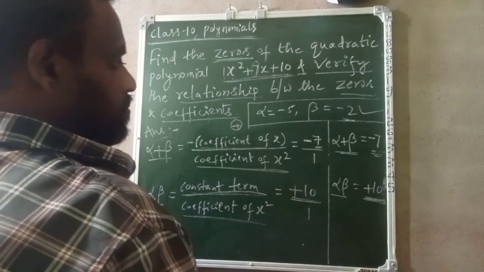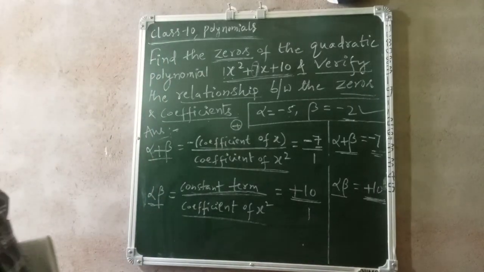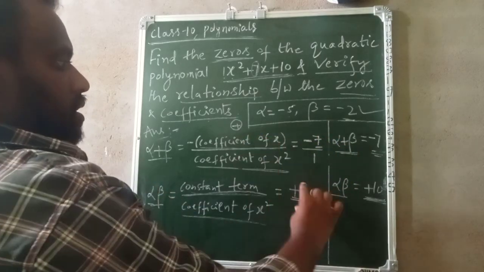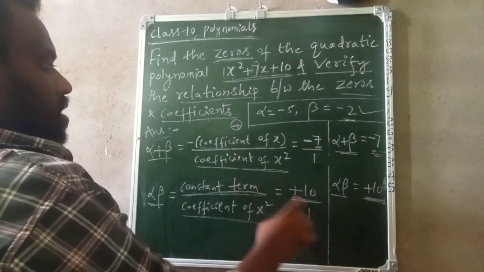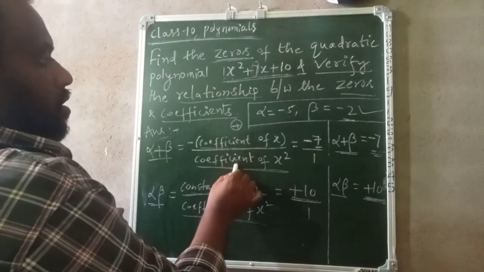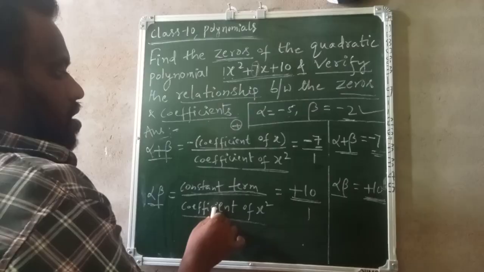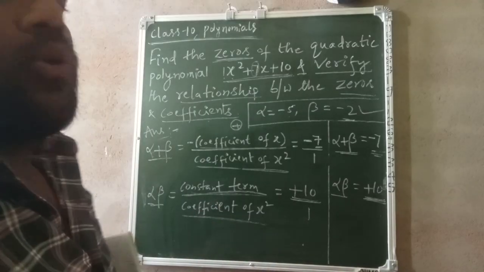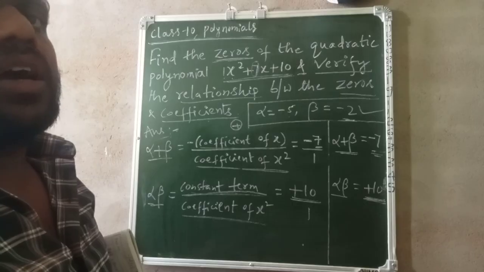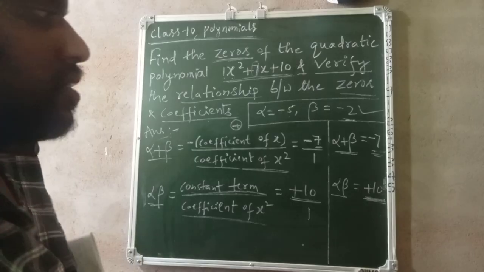So we have 1. So that means these are correct according to this. Even this also is correct according to this formula. When this is correct according to this, and this is correct according to this, that means we have verified the relationship between the zeros and coefficients.